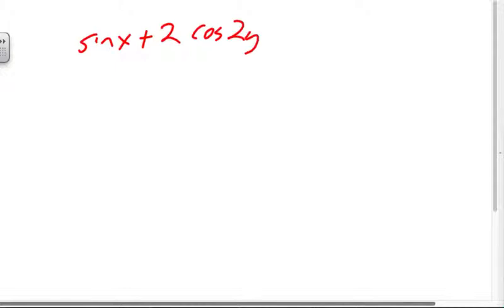Let's look at another example then. Sine of x plus 2 cosine of 2y equals 1. Okay, and this one's kind of nasty because I've got a chain rule inside of a chain rule.